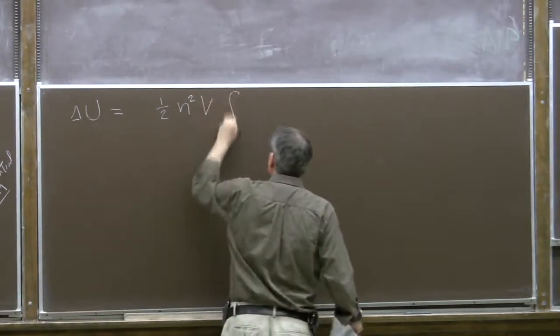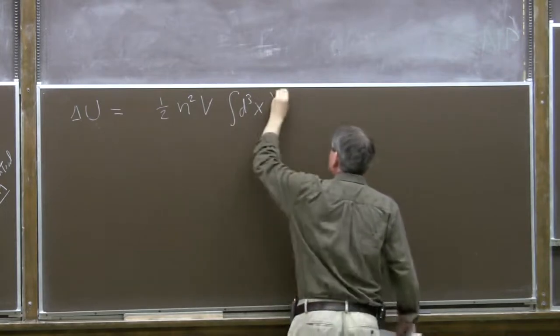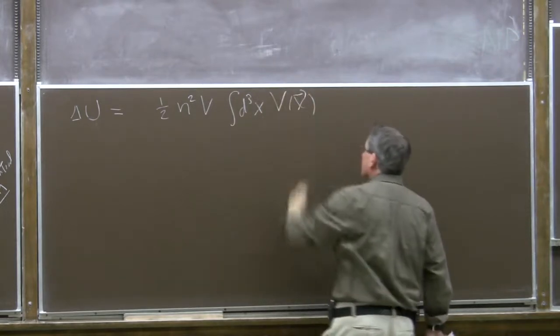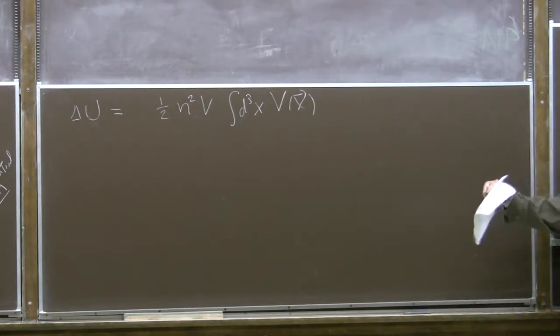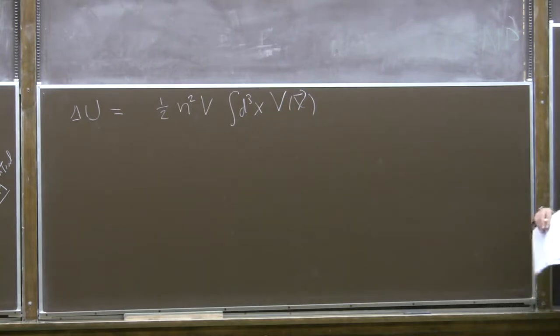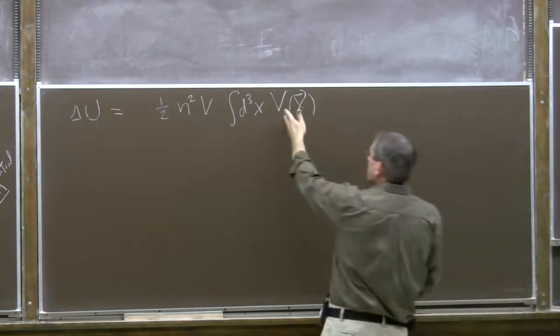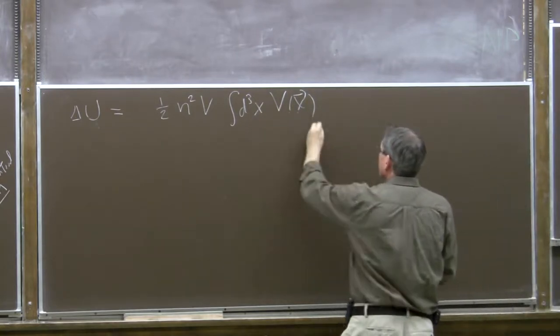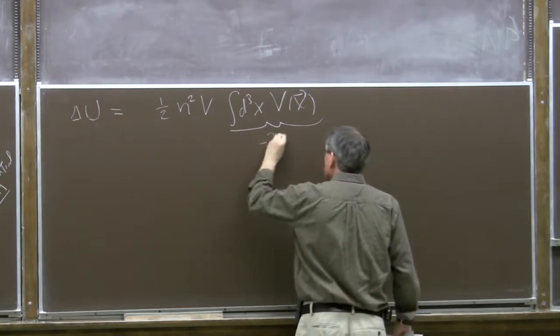And then I'm left with an integral over a position of the potential energy function. So, in principle, that could diverge if the potential energy doesn't fall off quickly with distance, but let's suppose it does fall off quickly enough that it's a convergent integral. It's something with the dimensions of energy times volume. I'll just give it a name. I'll call it minus 2a.